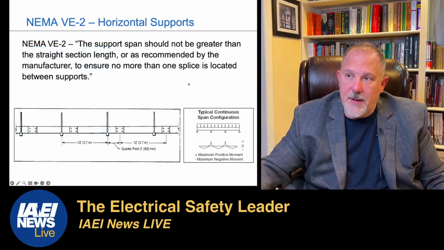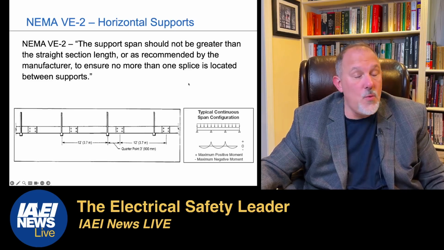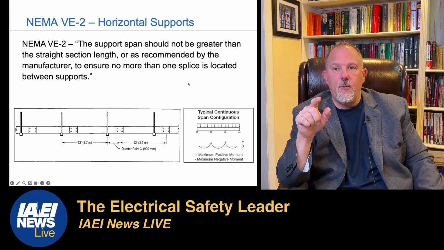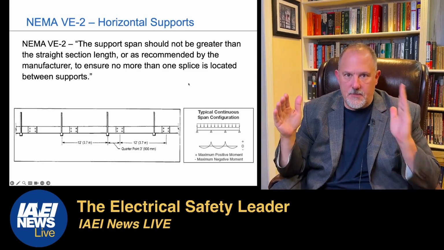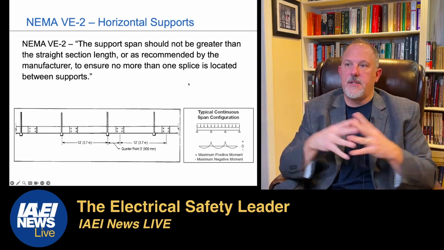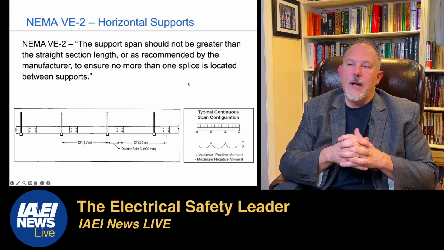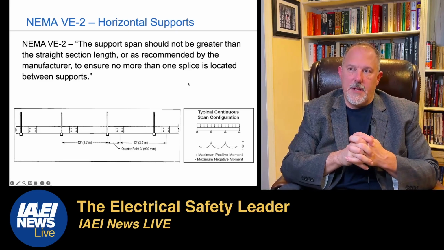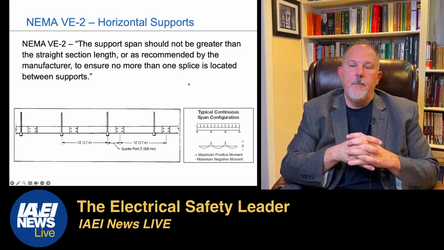A support span should not be greater than the straight section length. Ooh, that's interesting. Remember, a straight section length will be from splice point to splice point. If there are no splices, it's a solid piece. Or as recommended by the manufacturer, to ensure no more than one splice is located between supports.